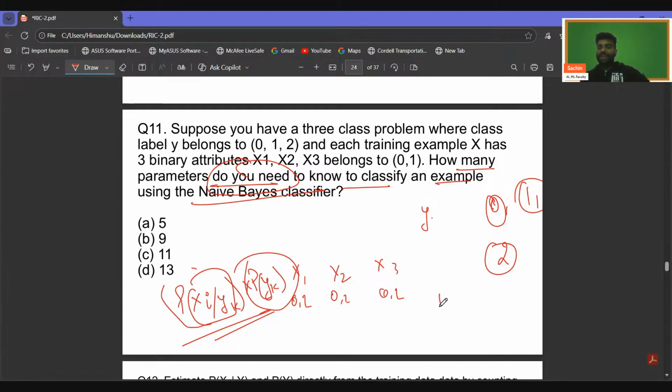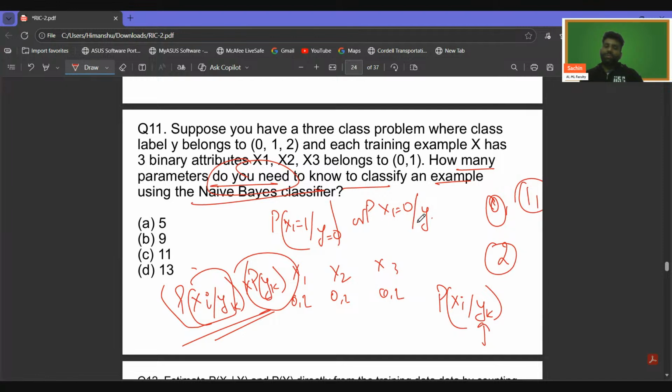Now, this is going to tell me, given the class, what is the probability of having that particular value of X. What are the possible values for any X given a class? Either 0 or 1. So if I want to write it in simple format, either it would be 1 if y is equal to 0, or X1 would be 0. These are the only possibilities I'm having when talking about the same class.